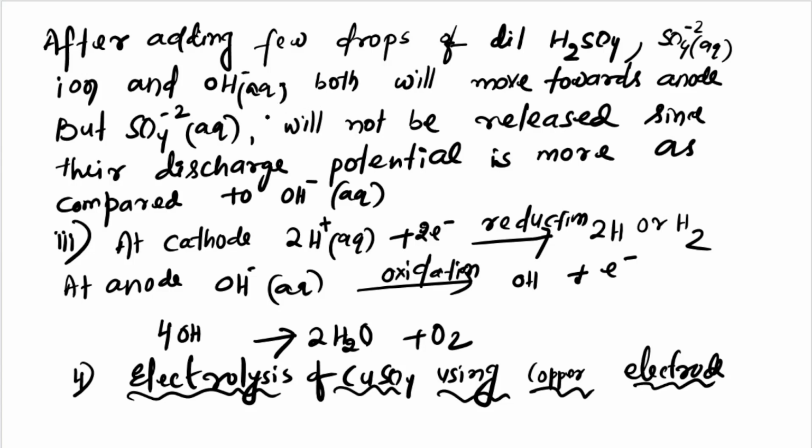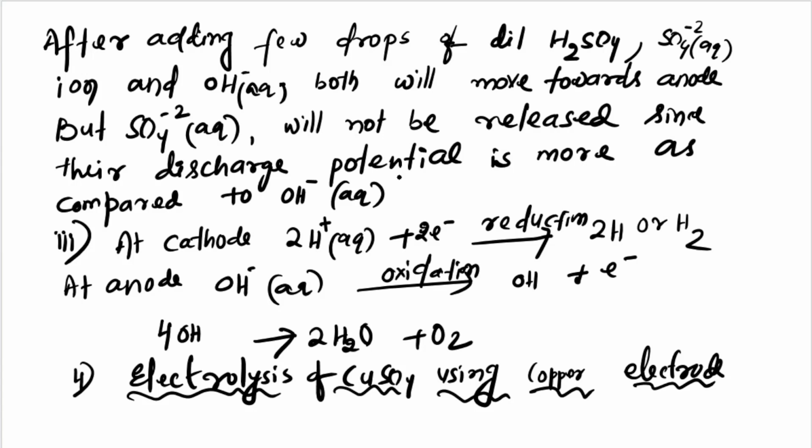That means these two ions move towards the anode, because both are negative. But which will move faster? Which is the correct one? The sulfate ion aqueous will not be released, since its discharge potential is more as compared to OH minus. This cannot be released and gives no product at the anode.